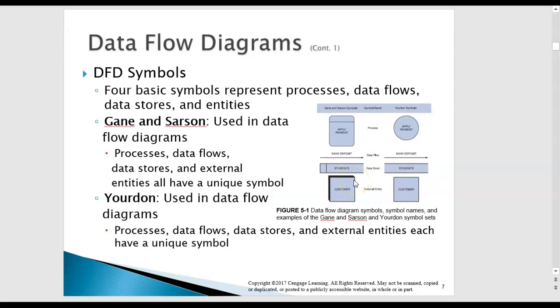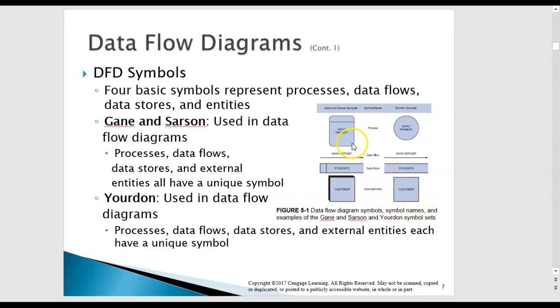We're going to follow the Gane and Sarson system, although the Yourdon one is also commonly used. But just for consistency, if you're using the Gane and Sarson system, then you have to consistently use this system, which is on the left-hand side. And if you're using the Yourdon system, then make sure that you're using the Yourdon symbols consistently throughout the semester.